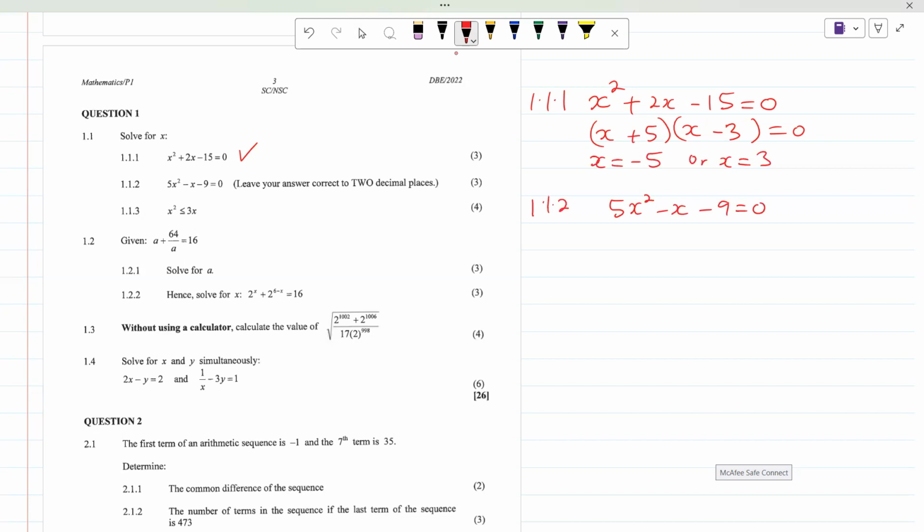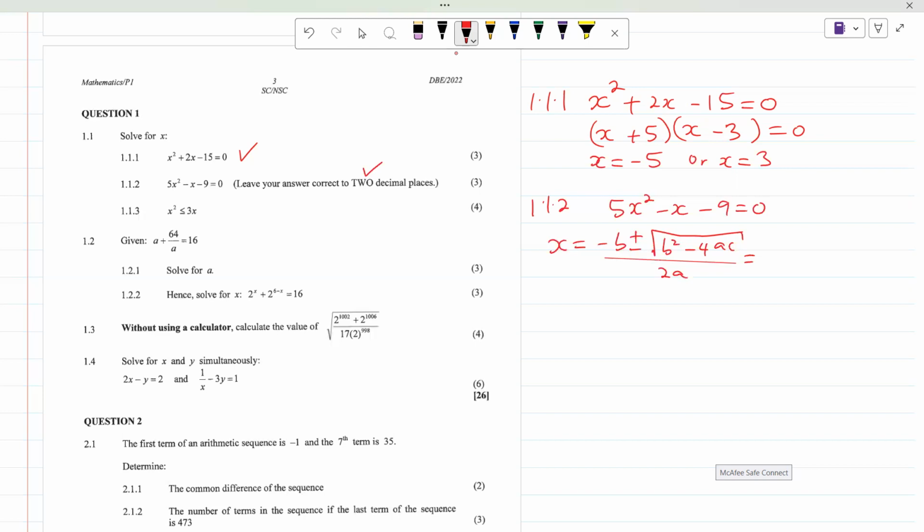Now, how do we solve this? Obviously, the examiner says correct to 2 decimal places, which means x equals minus b plus or minus the square root of b squared minus 4ac, all over twice a.